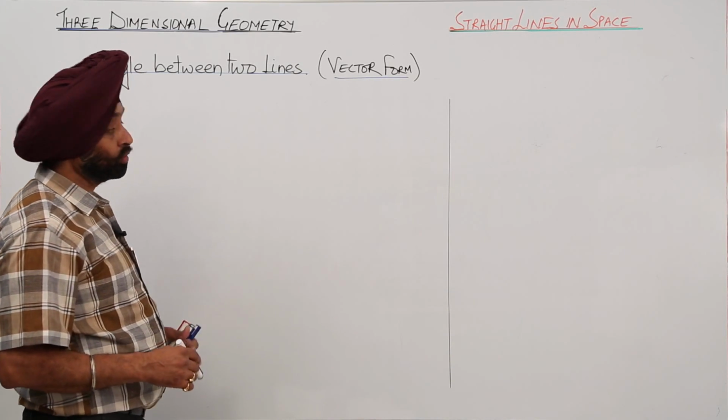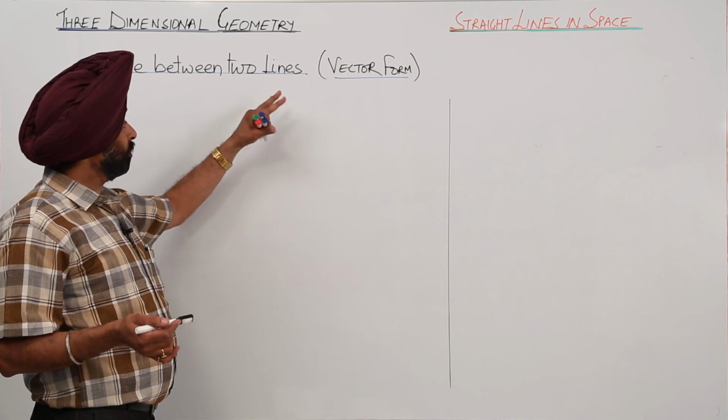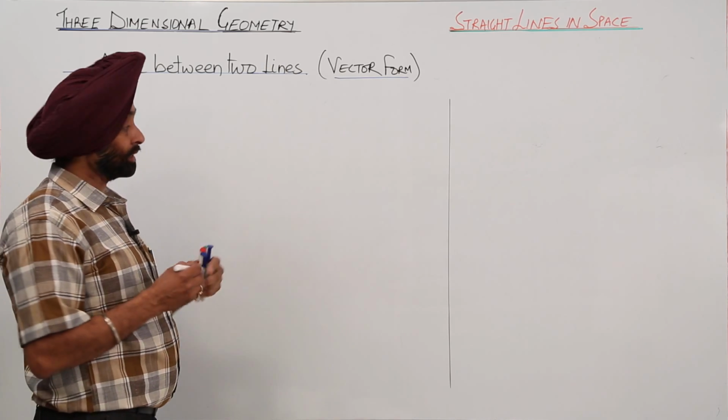Angle between two lines. First of all we will be doing it with the vector form, then with the Cartesian form.